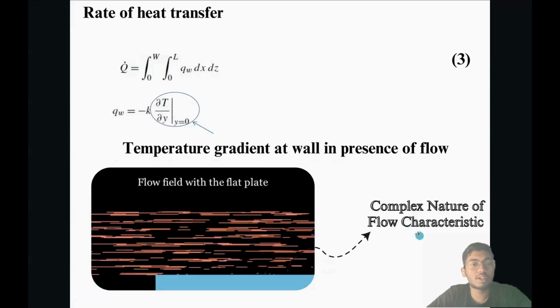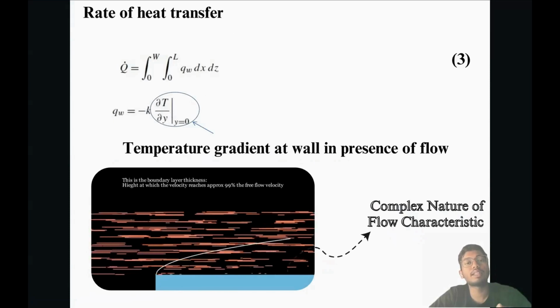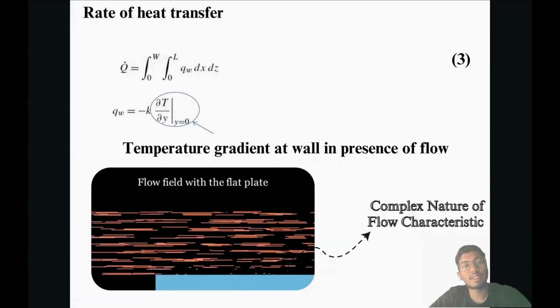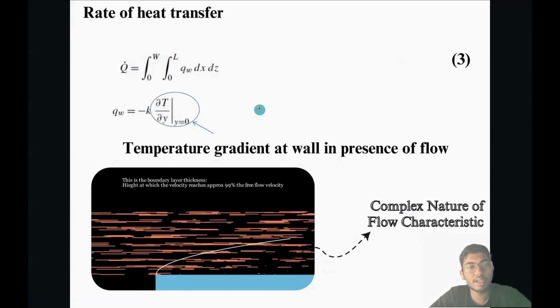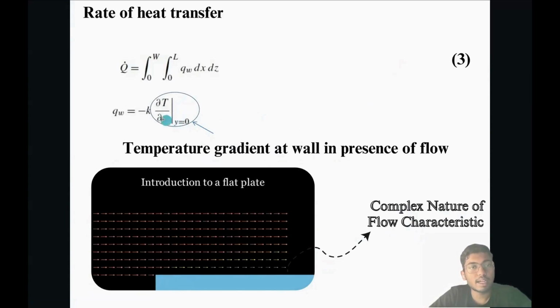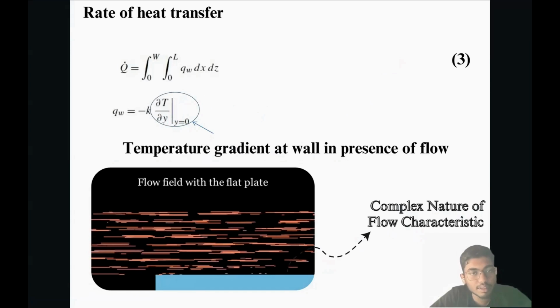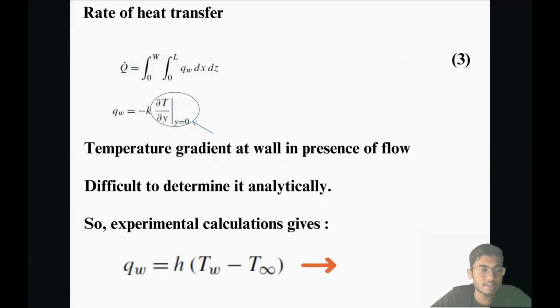Due to this complex nature of flow, we are unable to define the flow, unable to define the variation of temperature. That's why we require H. With K, we cannot move forward. This equation, that is equation number 3, we cannot move forward. That's why we need another term, the heat transfer coefficient. With the help of this heat transfer coefficient, we will move forward. So that is H, which has been introduced using Newton's law of cooling.